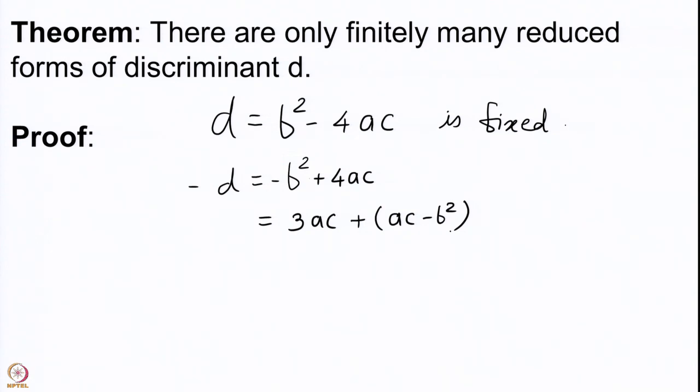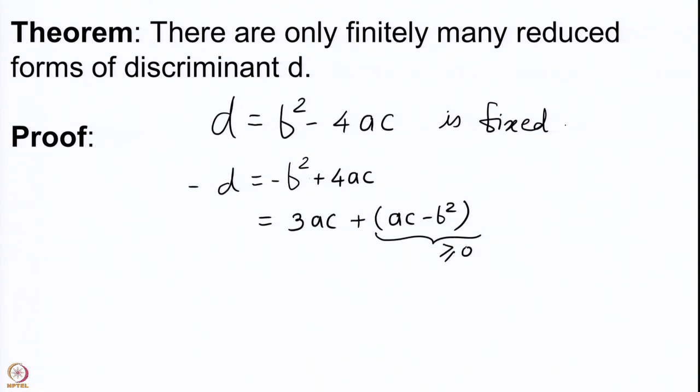We are starting with positive definite forms. So, D is negative, minus D is positive. Minus D is 3AC plus AC minus B square. This quantity is bigger than or equal to 0.